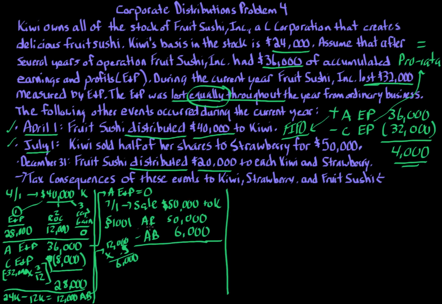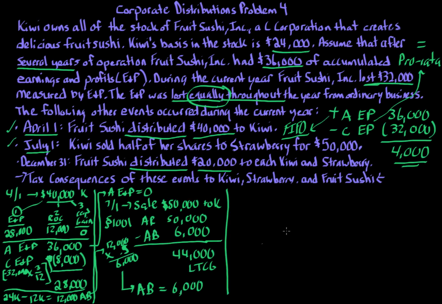So that means Kiwi is going to have a gain of 44,000. That gain, since it's a sale of stock, is a capital gain. And because Kiwi has held that stock for several years, since Kiwi was around since the beginning, this is going to be long-term capital gain. Now the remaining adjusted basis to Kiwi is 6,000.